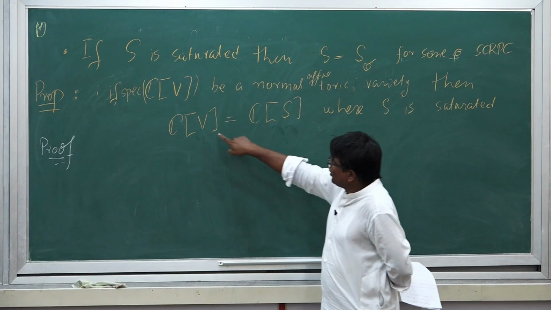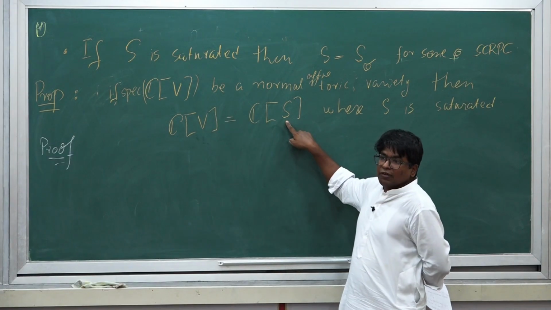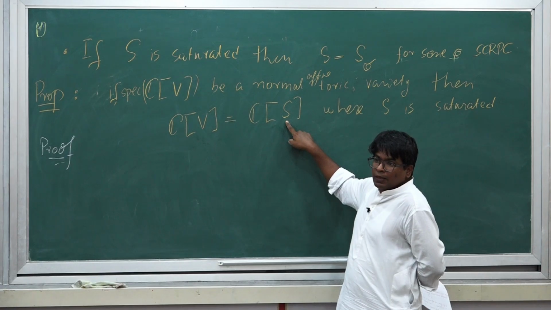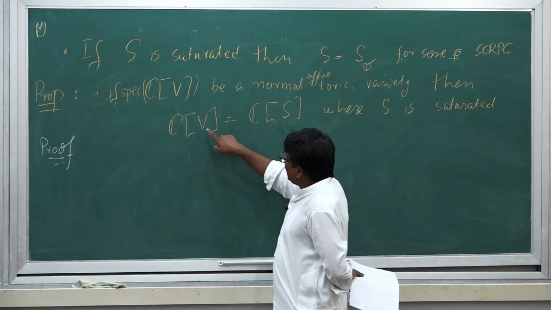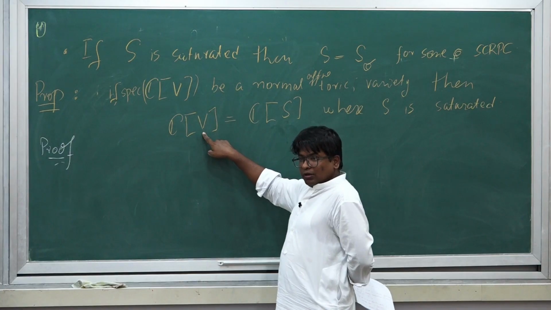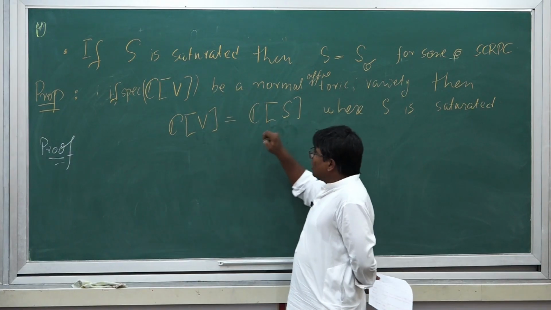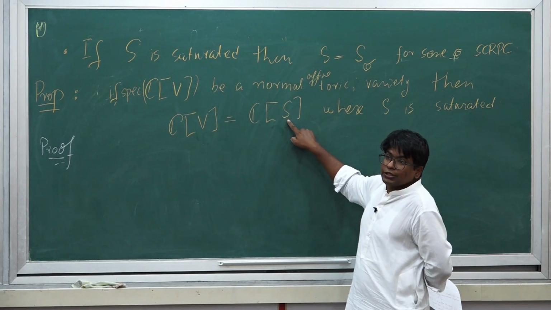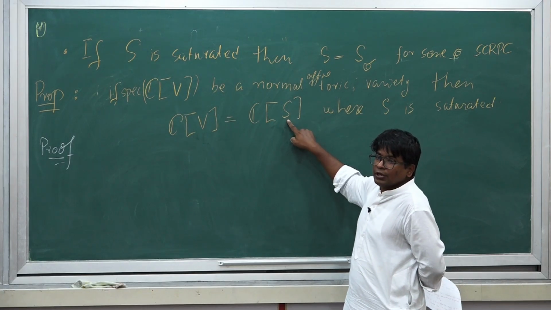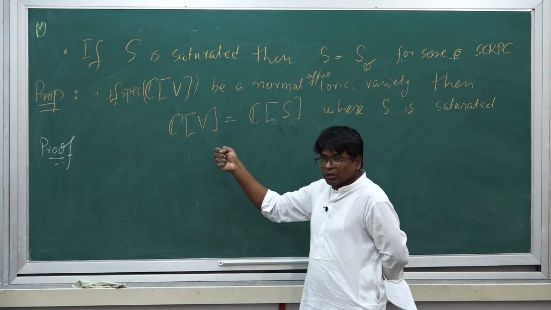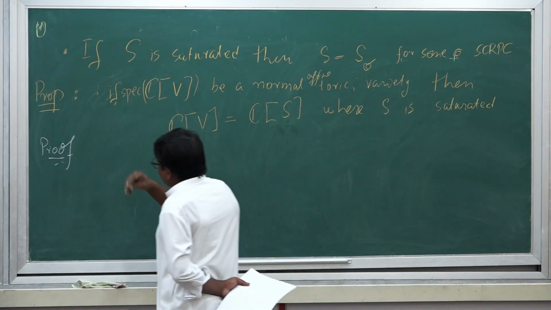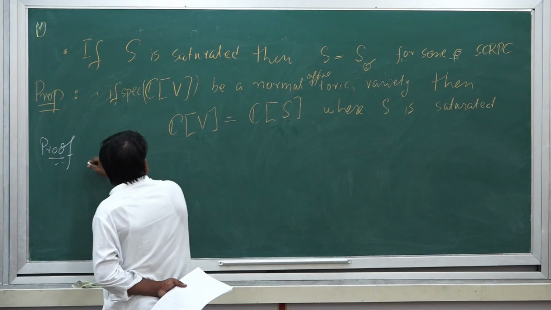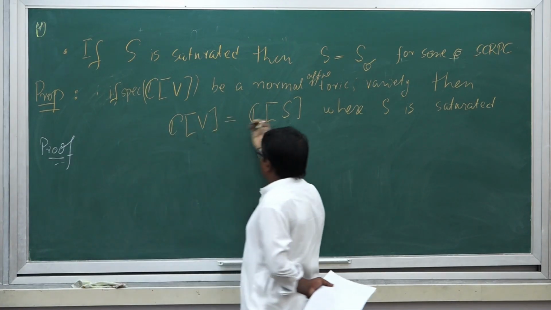So for every toric variety, you can have some S, which is an affine semigroup embedded in your lattice M. Now if your toric variety is normal, then this affine semigroup is actually saturated. And actually the converse is also true, but the converse is a little bit lengthier. So I'm going to prove this first.